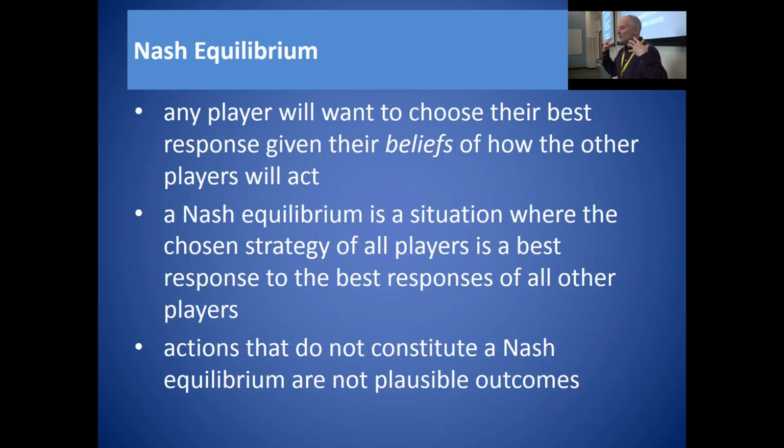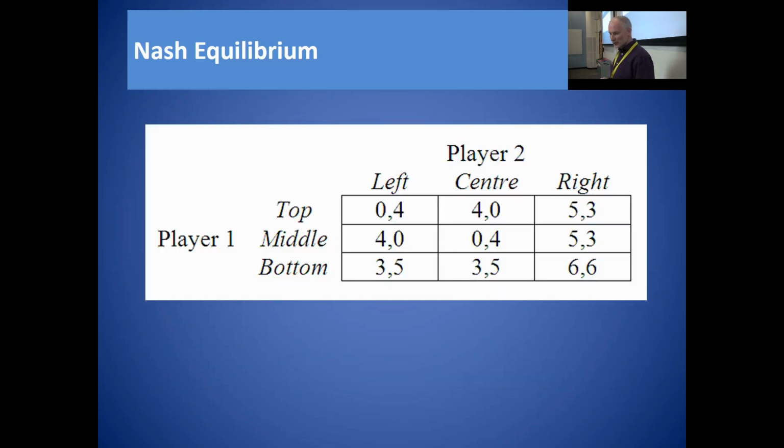Now, it's utterly important for this module going forward that you really understand and appreciate what a Nash equilibrium is. It's also important that you're able to identify Nash equilibria in a whole raft of games. Any potential game that you might possibly see. So, to that end then, what I'm going to do is run through some examples. And the first one is just revisiting that game that we saw previously.